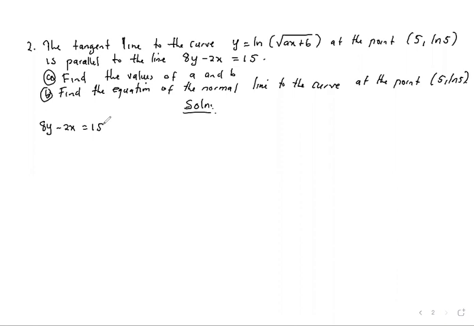So we write this as y is equal to 2x plus 15 divided by 8, which is y is equal to x over 4 plus 15 over 8. This equation implies that the gradient m is 1 over 4.